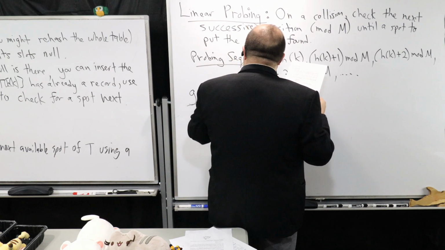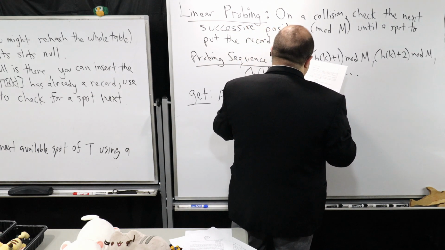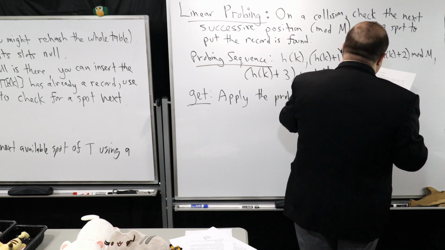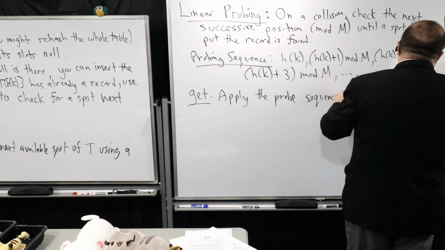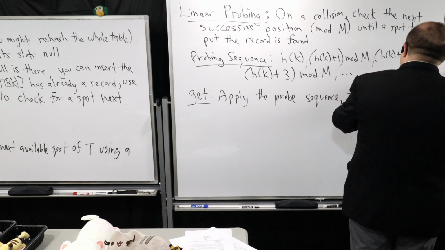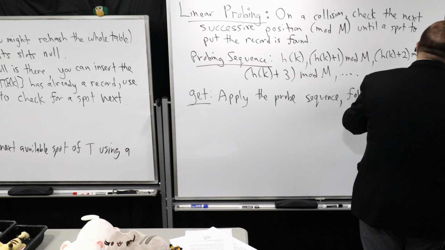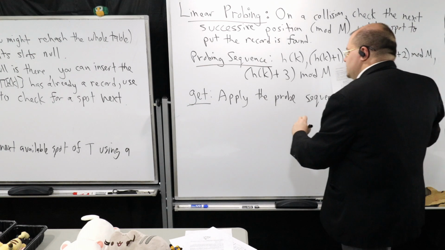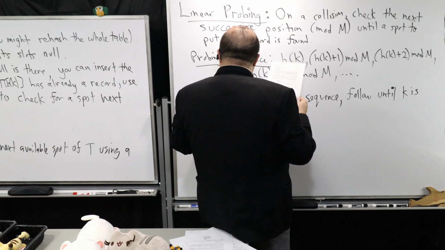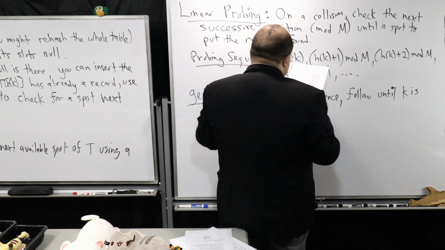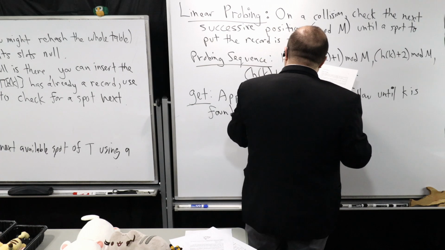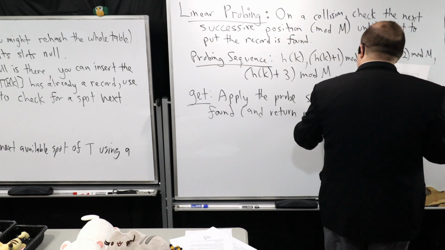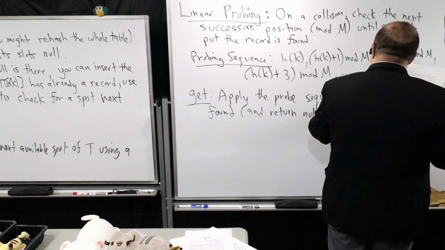When you do a get operation, you apply the probe sequence. You just follow it until k is found, and of course you return null if null is encountered.